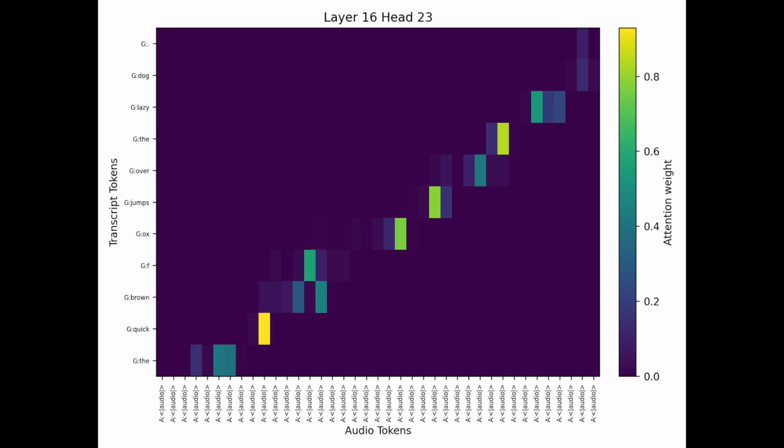In particular, for the sample that I tested just now, the quick brown fox jumps over the lazy dog, we find that on layer 16, head 23 is the one with the highest score. If we take a look at the visualization for that head, you can see the pattern I was talking about. As we go up on the y-axis, we move to the right on the x-axis. So later text tokens attend to later audio tokens.